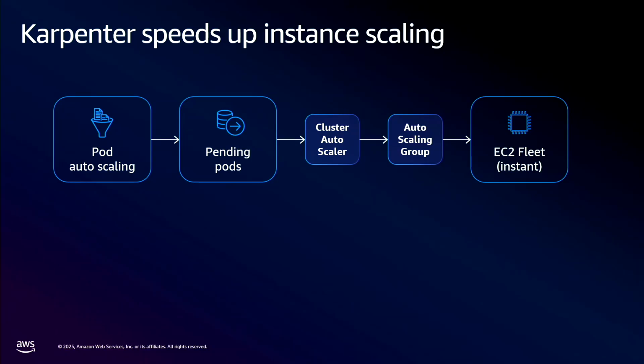From there, if there is no hardware to run that pod on, it is added to a pending pods queue. Then the cluster autoscaler picks this up and instructs an associated autoscaling group to introduce a new instance, which is predefined, and once that instance is healthy and running, it's added to an EC2 fleet.